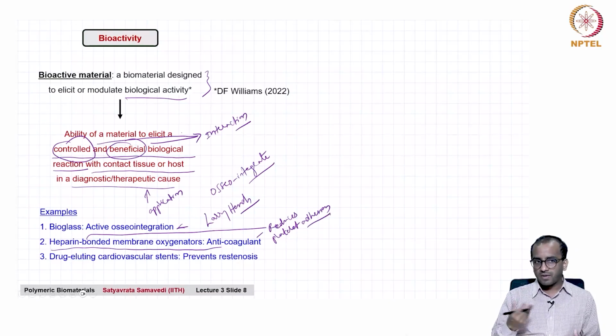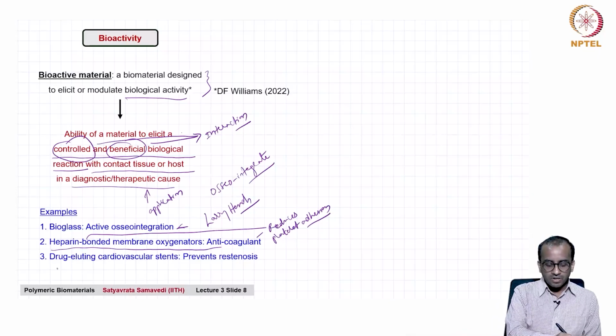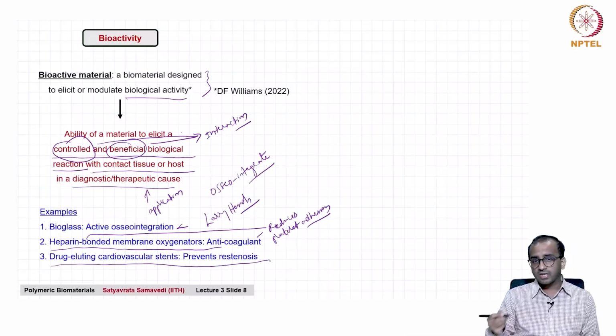So, you can have heparin bonded oxygenators that will have anticoagulant properties because of the property of heparin to resist platelet adhesion. So, that is another example of where it is preventing something, but that in turn is having a positive biological effect. You can also have drug-eluting cardiovascular stents.